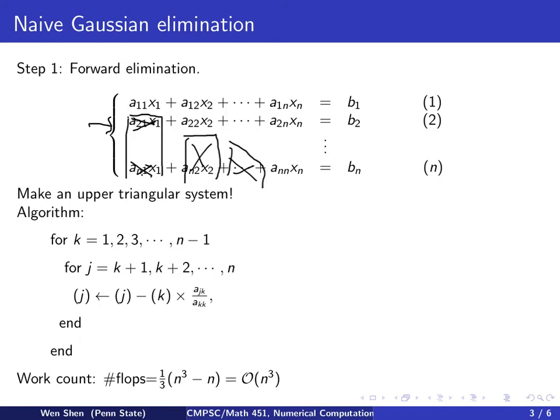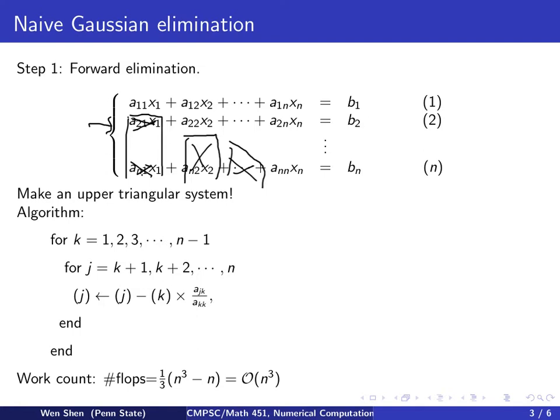We have a for loop of size about n, embedded with another for loop of size n, but a bit less. And in here, actually, there's another for loop of size n. So roughly speaking, the amount of work will be of order n cubed, which we wrote here.